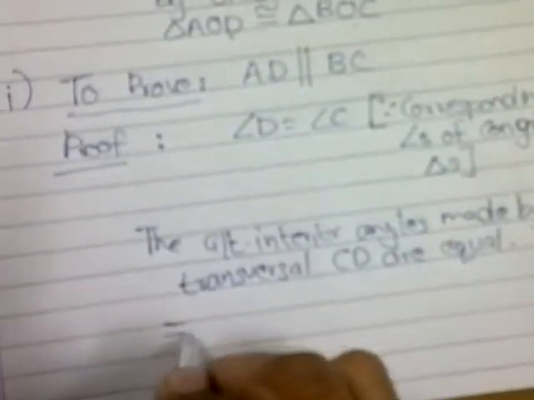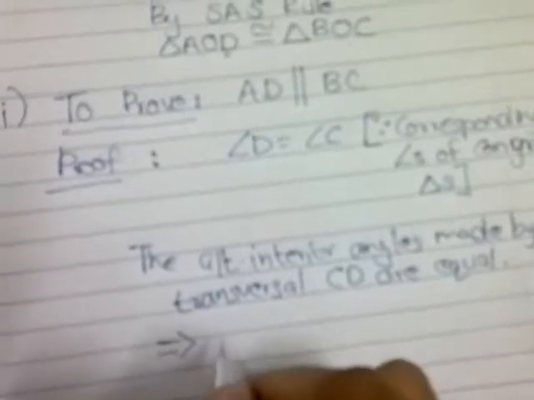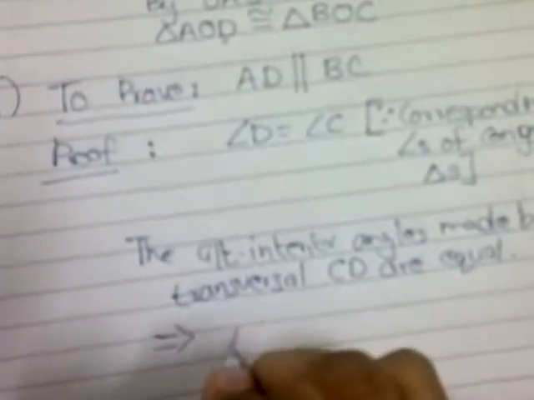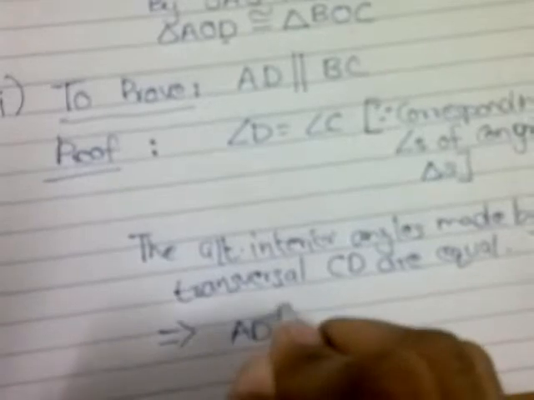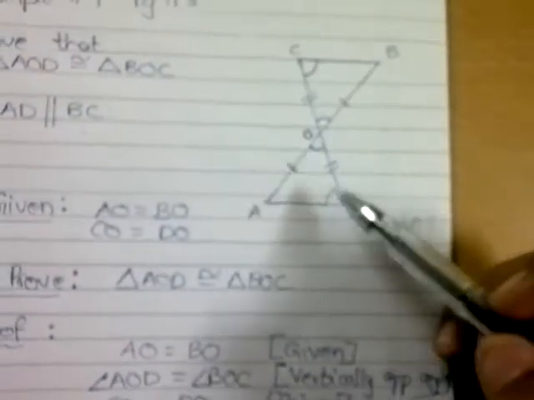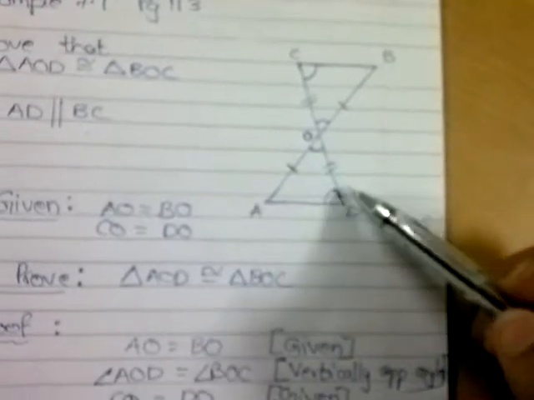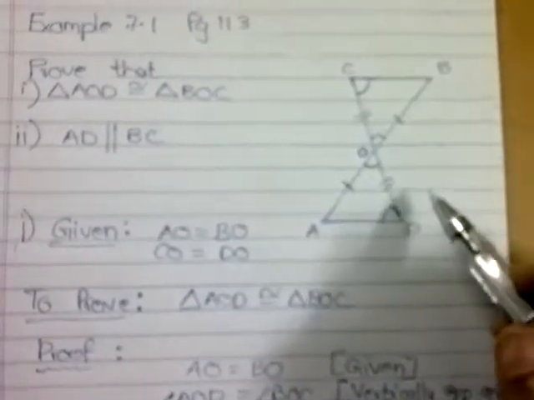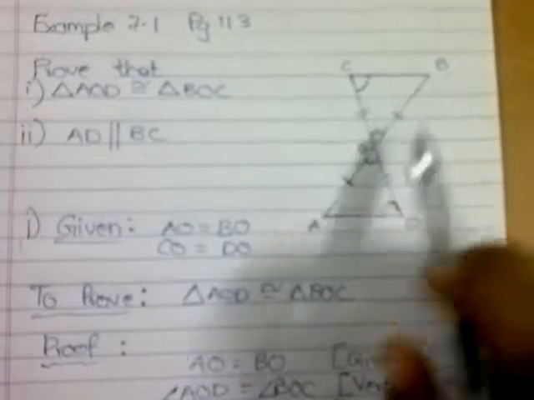This implies that AD is parallel to BC. If the alternate interior angles are equal, then it necessarily gives the result that AD is parallel to BC.